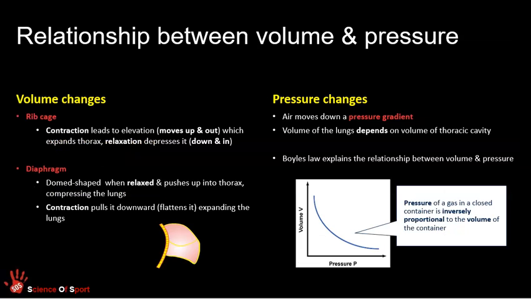The next principle is, how do we change volumes? Well, we've got this rib cage, and we know it's already got cartilaginous joints between the ribs and the sternum, and when we breathe in, our muscles, our respiratory muscles, pull that rib cage up and out, making it bigger, making our thorax bigger.